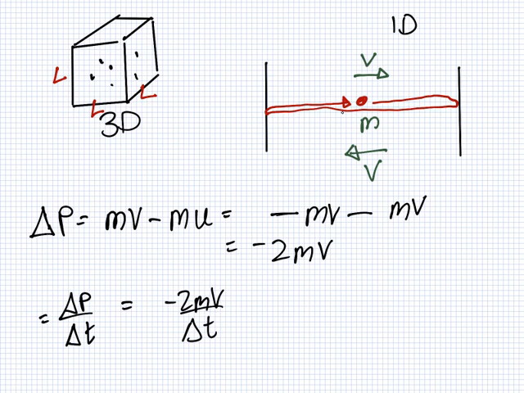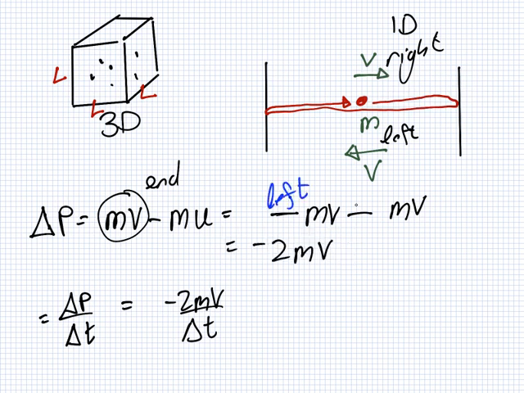The reason is this one is the momentum at the end, and at the end it's heading left. At the beginning it's heading right. So this minus here is because it's heading left. This minus here is just part of the formula. And this is a plus because it's heading to the right. Is that okay? Now what is this equal to?